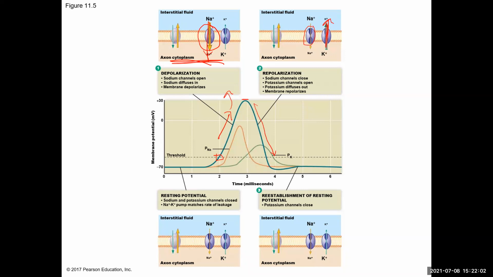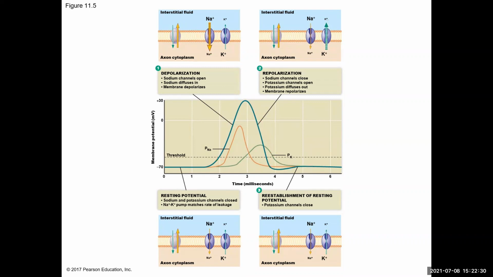It actually gets slightly more negative. You can see that here. This is the hyperpolarization after repolarization. Then the reestablishment of the resting membrane potential will happen after the potassium channels close, and the sodium-potassium pump continues working, and it can self-regulate itself back.